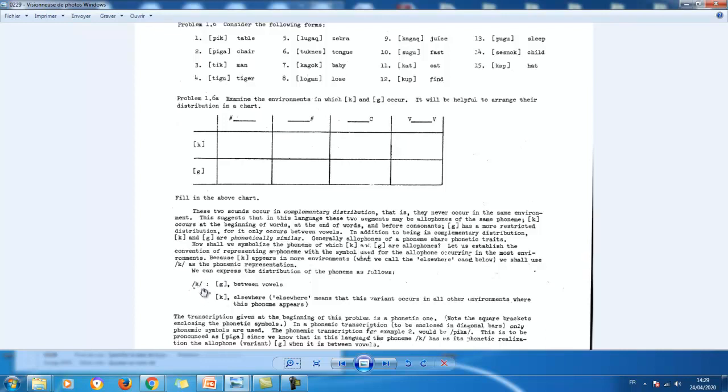Now, k, the phoneme, can be realized as k elsewhere. Elsewhere means the other phonetic environments. No need to state them one by one. The others, which means apart from this context in here. So elsewhere means that this allophone occurs in all other environments where this phoneme appears.